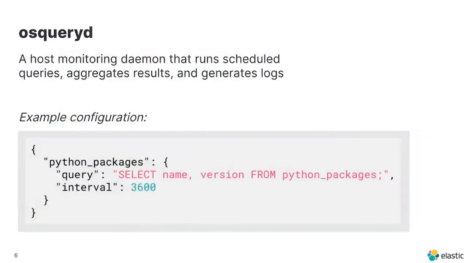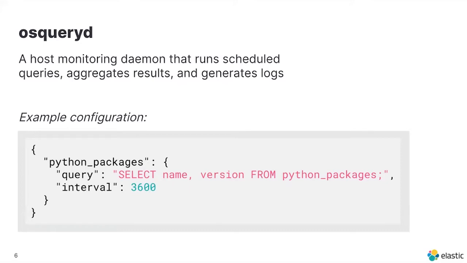Next, there's osqueryd, which is a host monitoring daemon that helps you to monitor multiple hosts across an organization and schedule queries for those hosts. It's responsible for aggregating query results and generating logs so that you can track operating system changes over time.